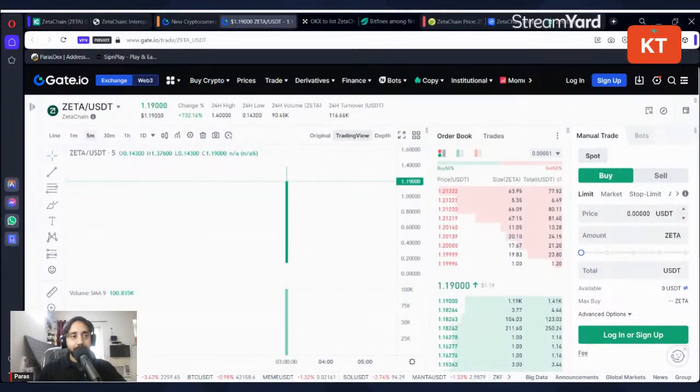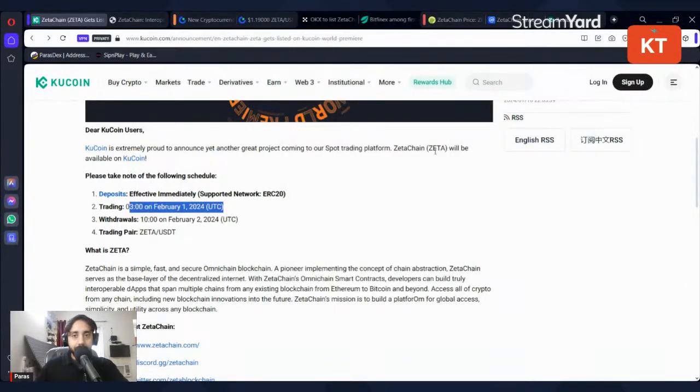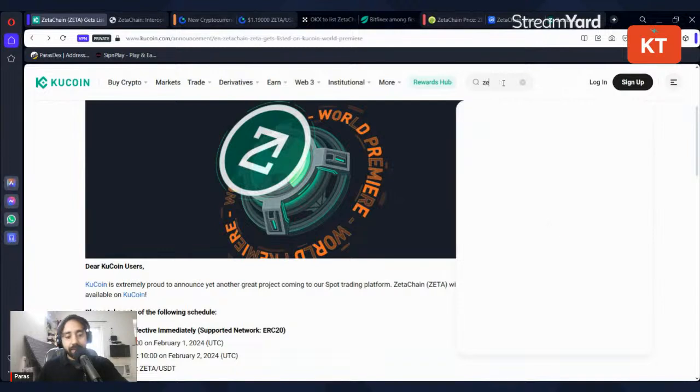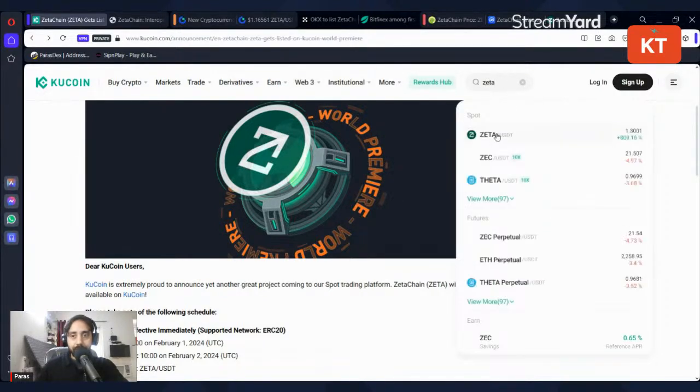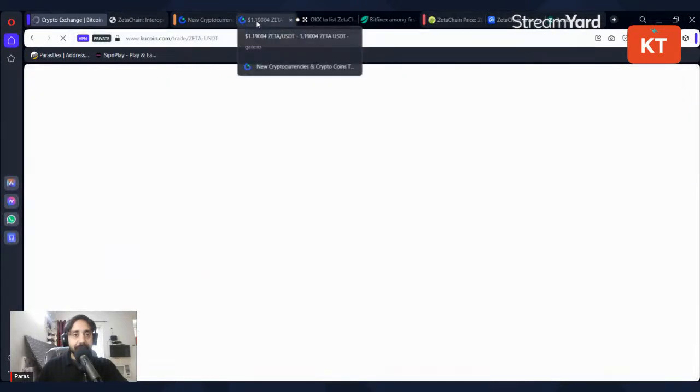Let me tune into your Zeta trading view. I don't think TradingView is hosting it, but in any case, it is also listed on KuCoin. If I search Zeta there, meanwhile Gate.io is showing good price action. The token is live. In KuCoin also, the token is trading at $1.3, and right now it's down to 1.17.